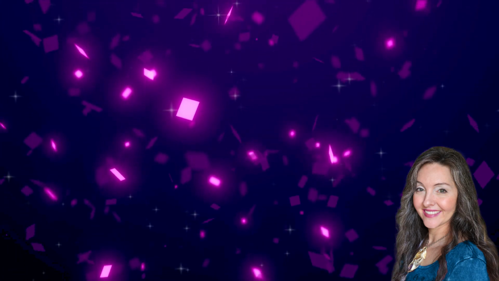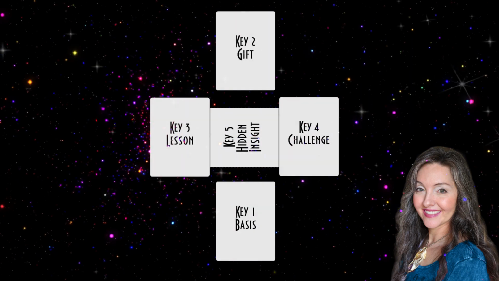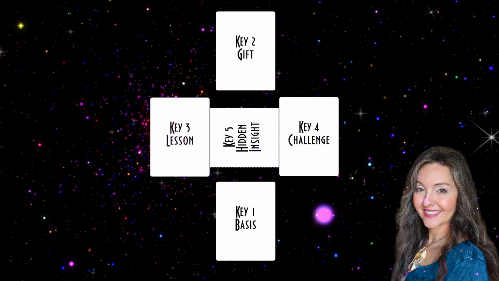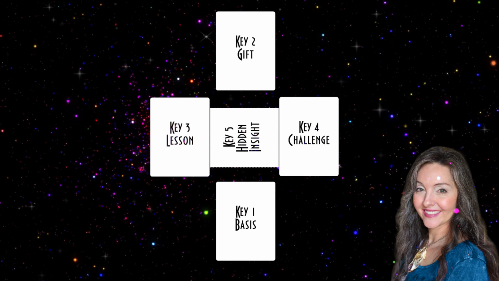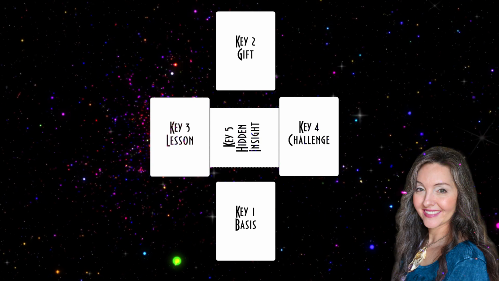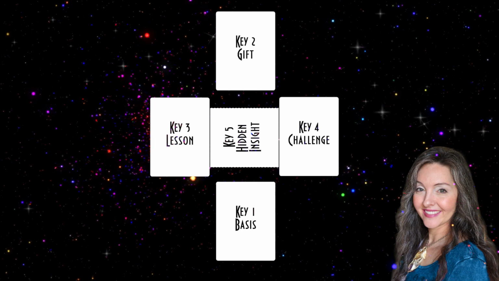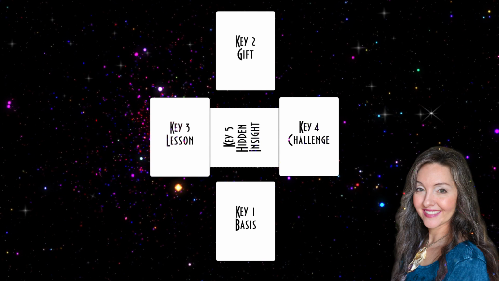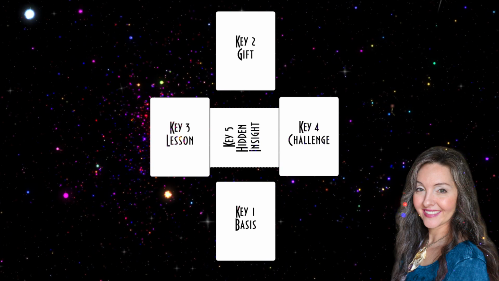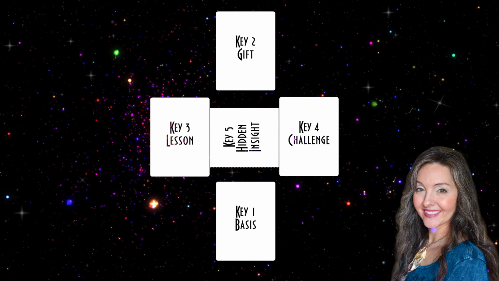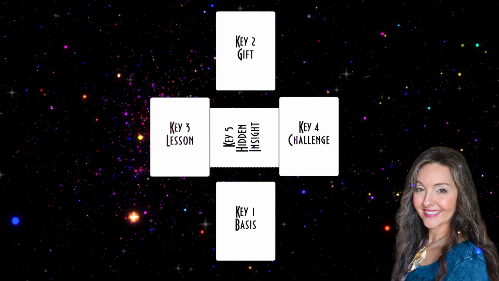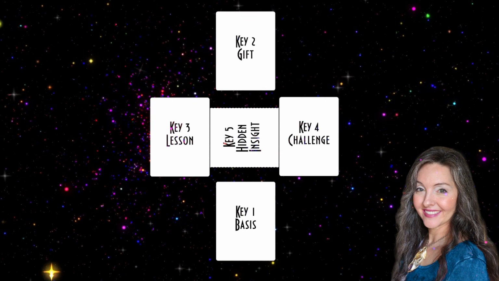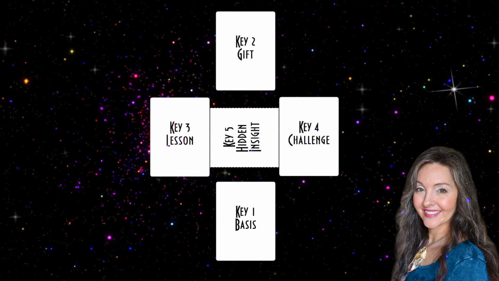One of the new spreads is called Hidden Key Formation, and I was just intuitively guided to utilize this particular spread for this reading because I wanted to take a look at what's coming up in the third quarter, but I felt like there was something missing, something that we as a collective are missing, a puzzle piece. We also feel like we're looking around for a puzzle piece. And so it led me to this particular spread because it's perfect for that.